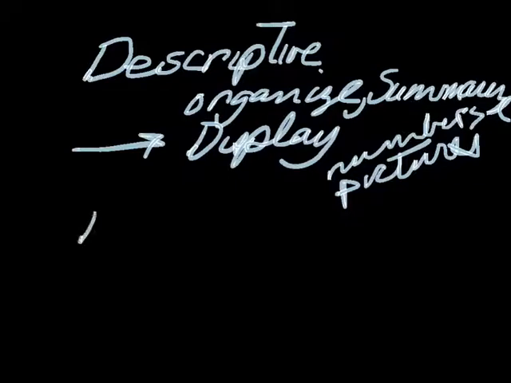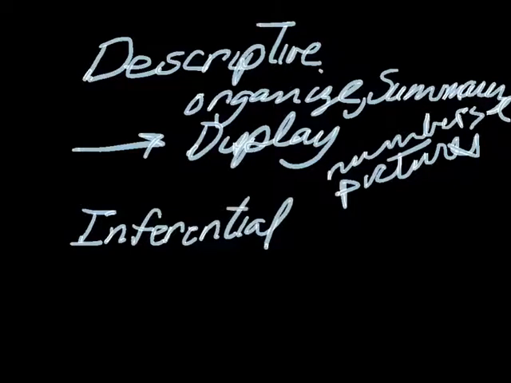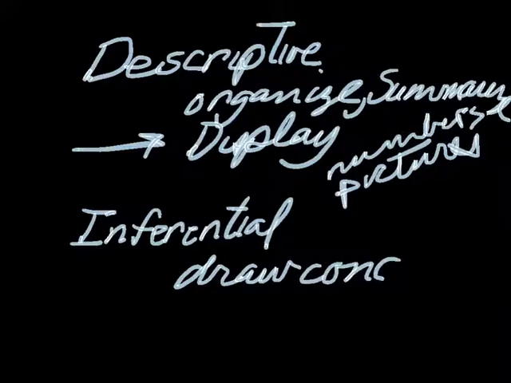The second part of statistics, in our later chapters, is called inferential statistics. Inferential statistics is about using the descriptions that you found to draw conclusions about the population. So in other words, descriptive statistics organizes, summarizes, and displays data using numbers and pictures of samples.